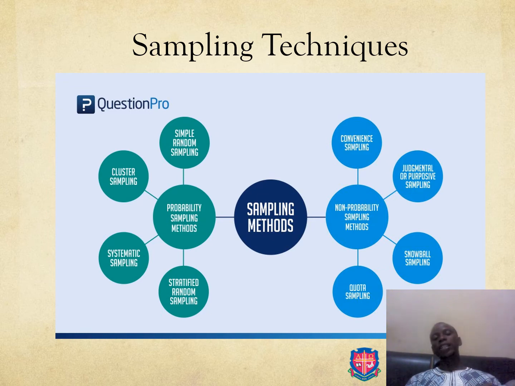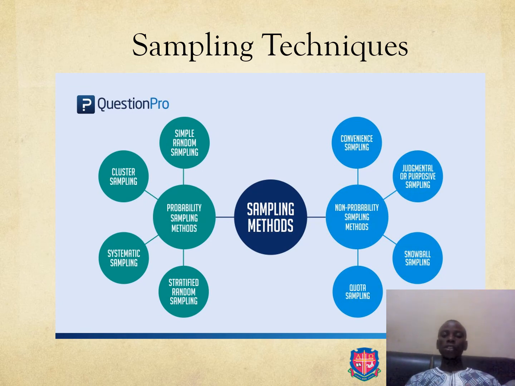It would mean that north should contribute 40% of the sample size, which I think is fair.